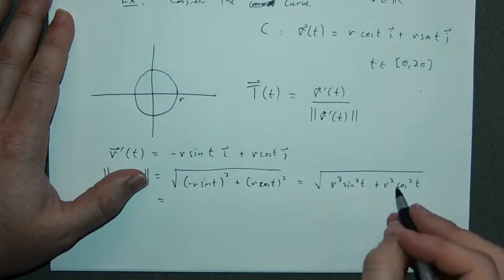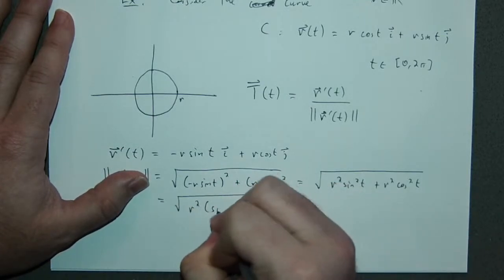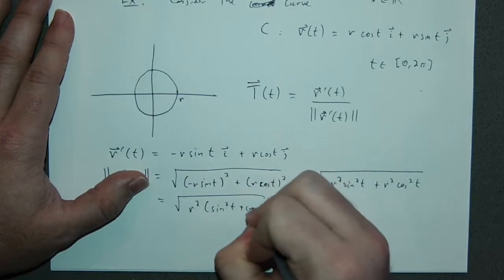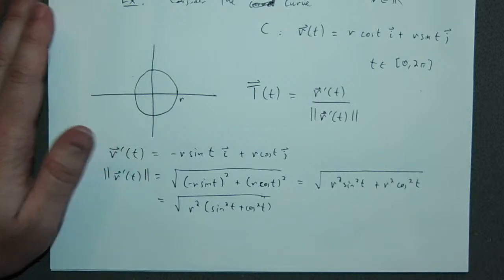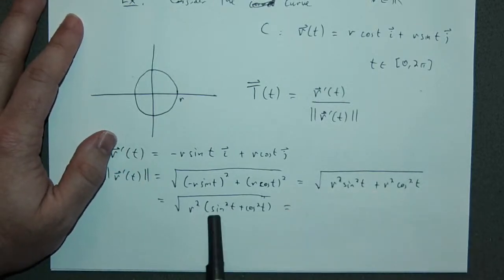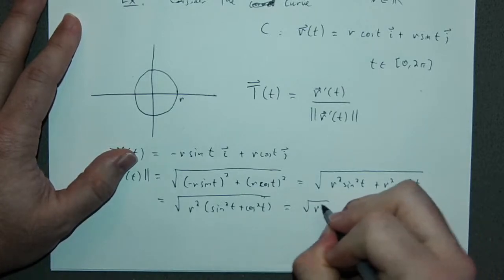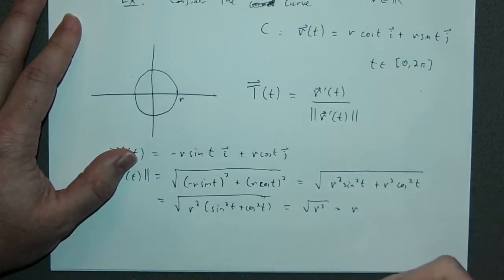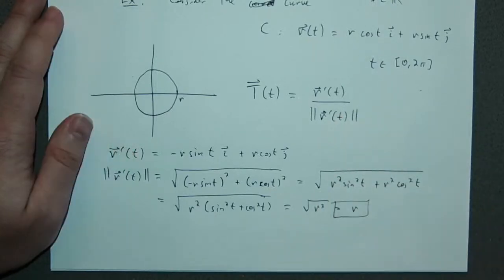I can factor an r squared out, so this is the square root of r squared times sine squared t plus cosine squared t. What is that? This quantity is 1, of course, by the Pythagorean identity. So this is the square root of r squared, or just r. This would be the absolute value of r, but we know r is positive, so this is just r.